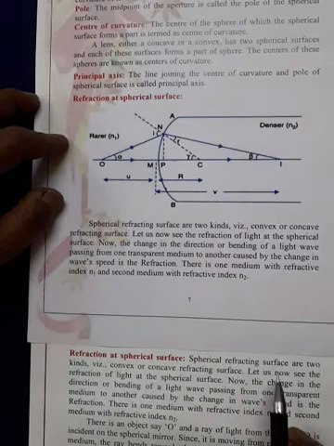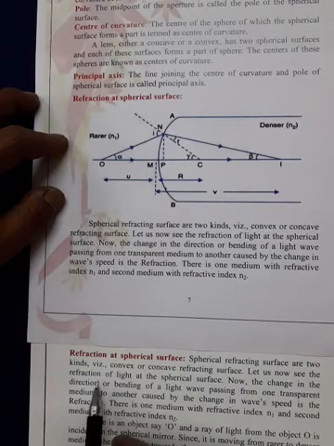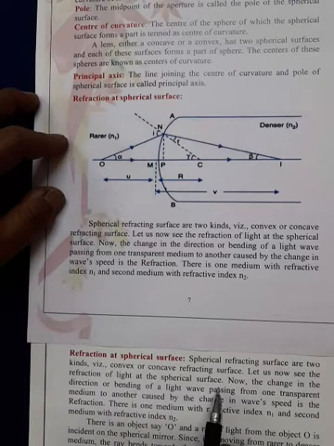The spherical refracting surfaces are of two kinds, convex or concave refracting surface. Let us now see the refraction of light at the spherical surface.